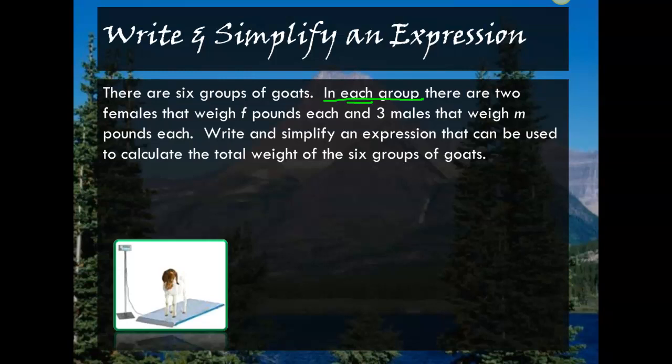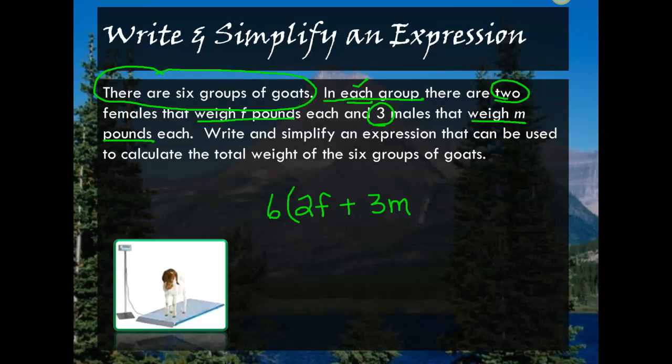To represent the weight of one group, we will need to add together the weight of the females and the weight of the males. There are 2 females that each weigh F pounds, so we would represent that with 2 times F. Then there are 3 males that weigh M pounds each, so we would add plus 3 times M. This gives us the weight of one group of goats. We would have to multiply this whole quantity times 6 to get the total weight of 6 groups.